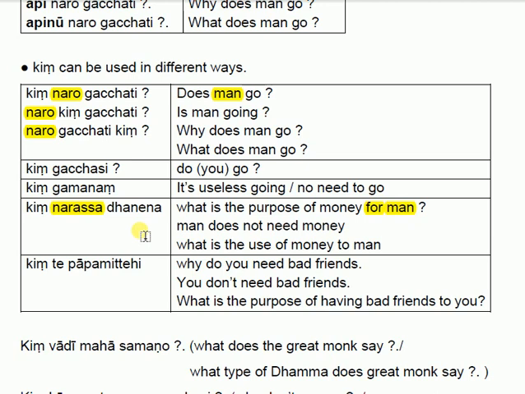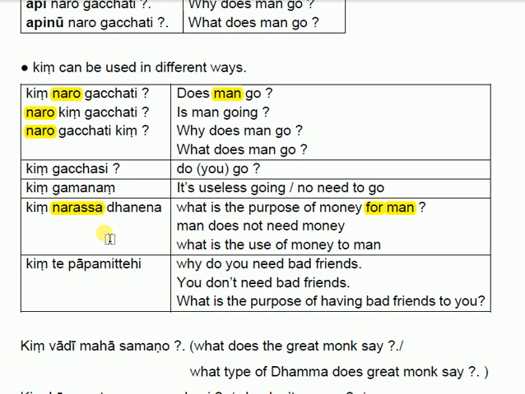So kim narassa dhanena means what is the purpose of money for man? Or man does not need money. Or what is the use of money to man? These three meanings come from this Pali sentence.